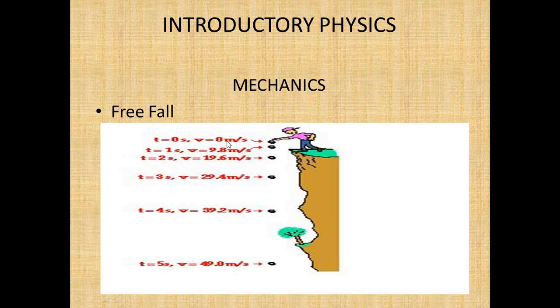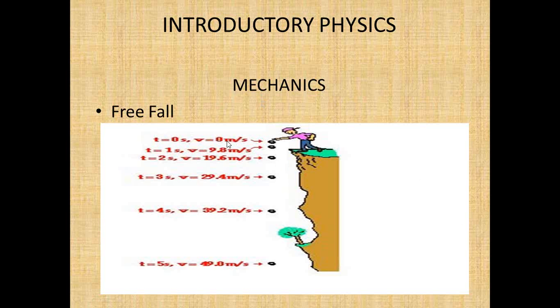The acceleration of gravity is 9.8 meters per second squared, or 9.8 meters per second per second. What that is saying is that every second the velocity is going to change by 9.8 meters per second.